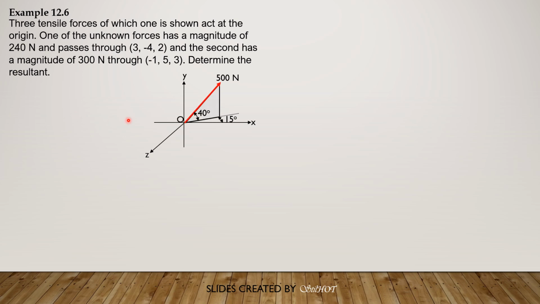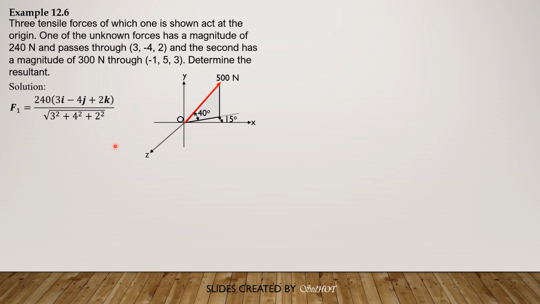So this is the figure. We will call this the third force, and each force should be expressed this time in vector form. So the first force is 240 times quantity 3I minus 4J plus 2K all over square root of 3 square plus 4 square plus 2 square, because the initial point is the origin.